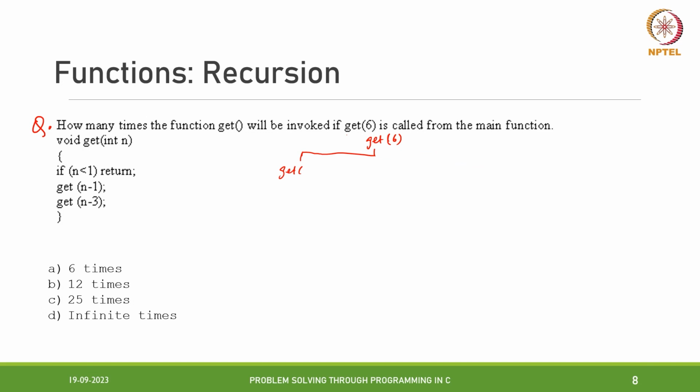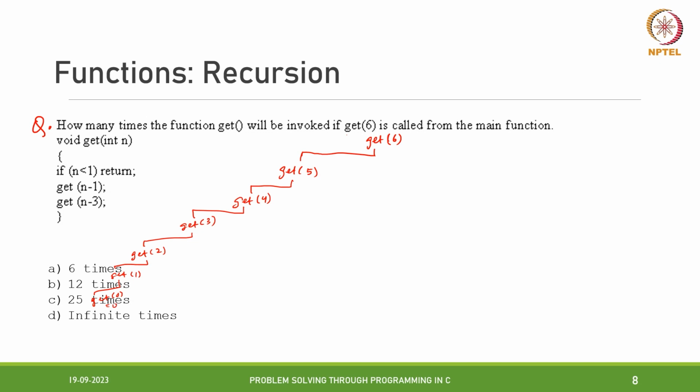Get 6 will call get 5, get 5 will call get 4, get 4 will call get 3, get 3 will call get 2, get 2 will call get 1, get 1 will call get 0.